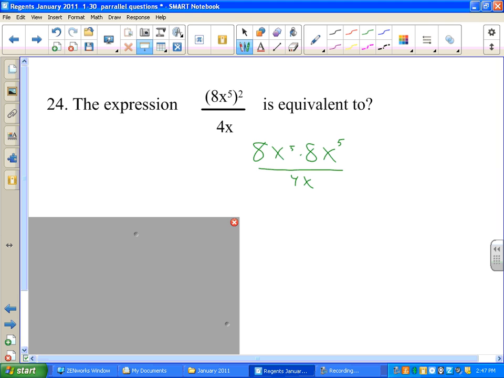I'm going to use the commutative property of multiplication to put together the 8 and the 8 and the x to the fifth and the x to the fifth. It is not distributing, it's just commuting. I'm changing the order. 8 times 8 times x to the fifth times x to the fifth, all over 4x.